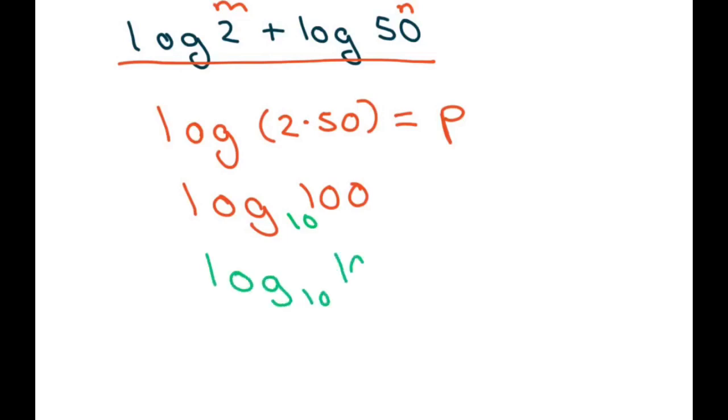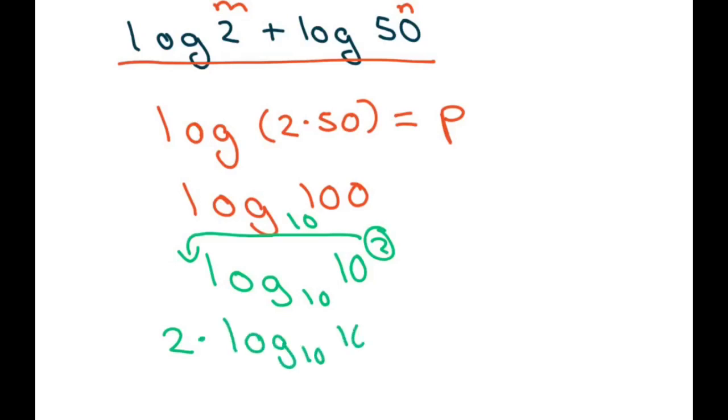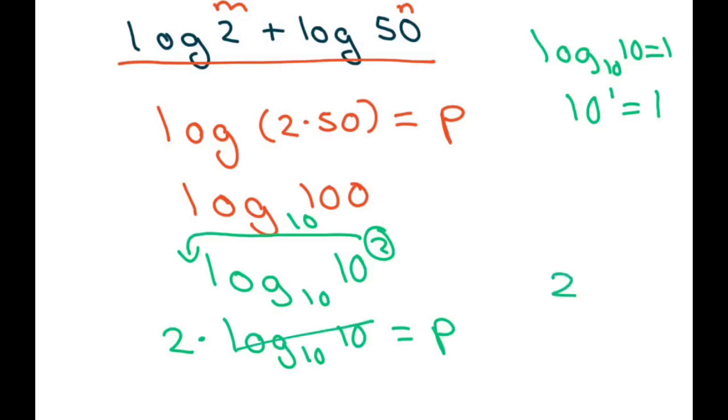I'm going to write this 100 as 10 squared. I move this 2 in front. So I have 2 times log base 10 of 10 equals my power. Well, log base 10 of 10 equals 1, because 10 to the first power equals 10. So this cancels, so 2 is your answer.